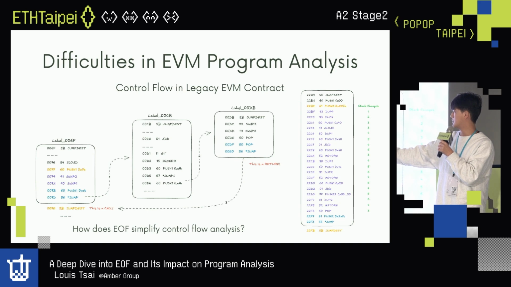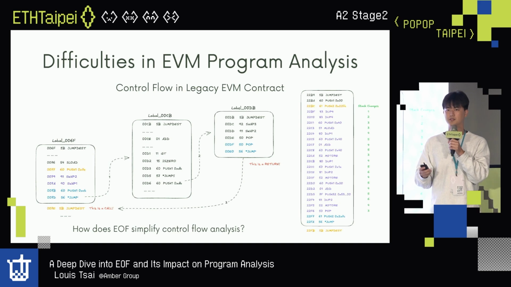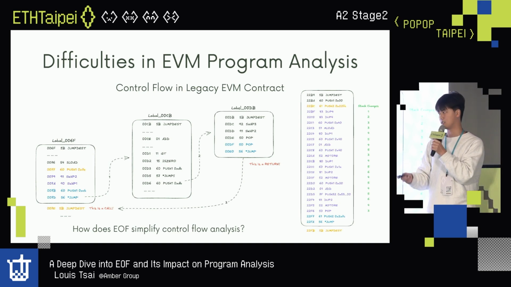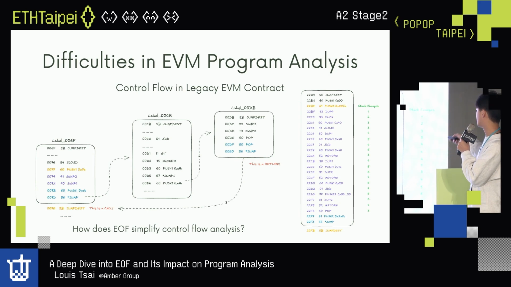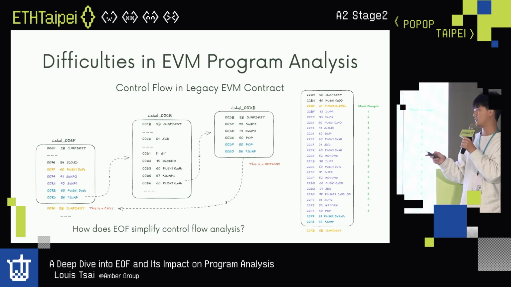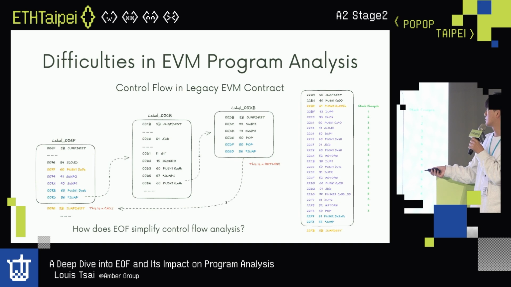But this is not always straightforward because we could not decode the input argument numbers without executing the bytecode sequence. But sometimes it becomes complex, like this one. And this is how EOF simplifies the control flow analysis or the program analysis.